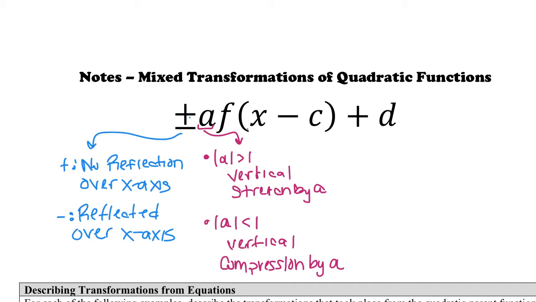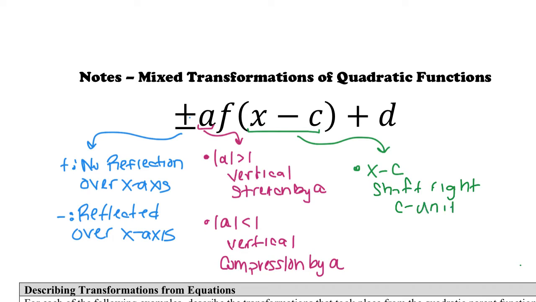Then we have the x minus c. This is what shifts it left or right. The inside parentheses will always go backwards from what the sign should do. So the first option we have is x minus a number. That creates a shift right c units.